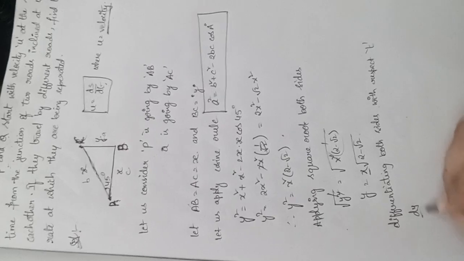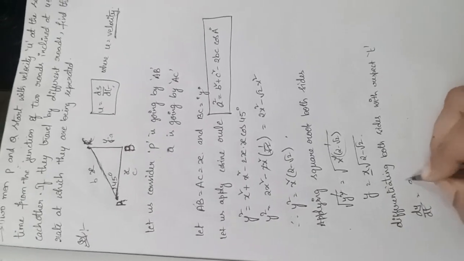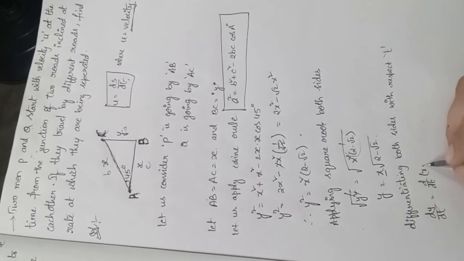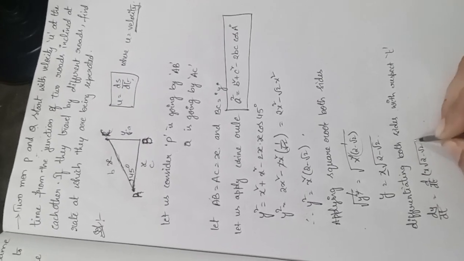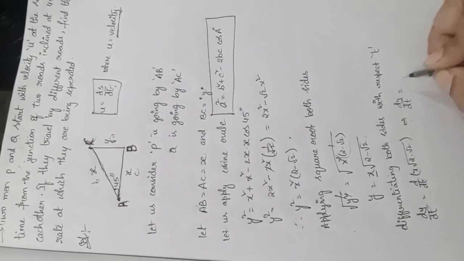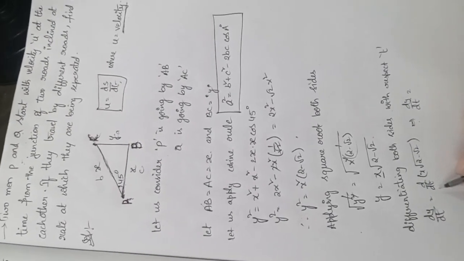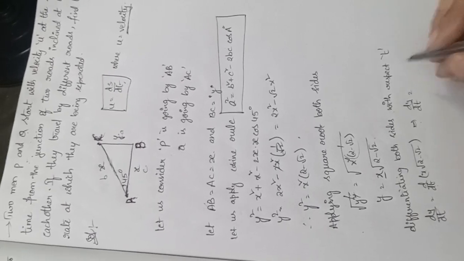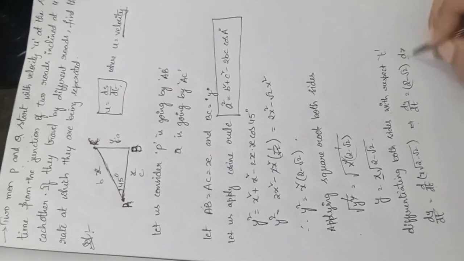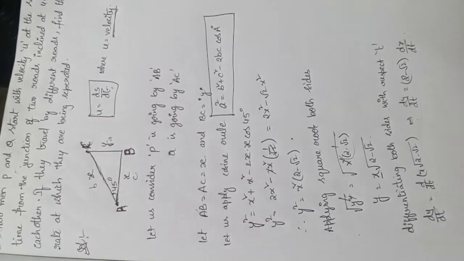So what we get, dy by dt equals d by dt of x root of 2 minus root 2, which implies dy by dt equals root of 2 minus root 2 into dx by dt, right?